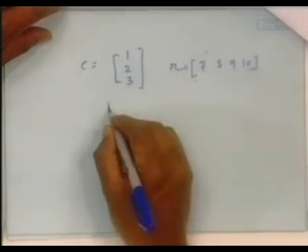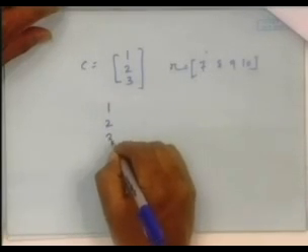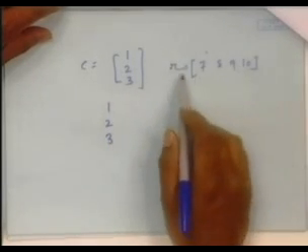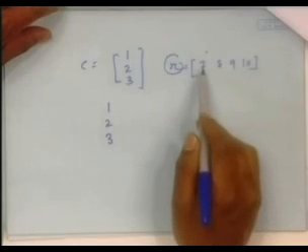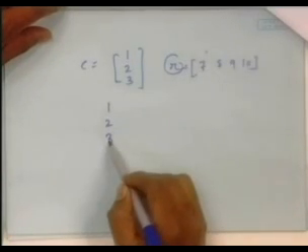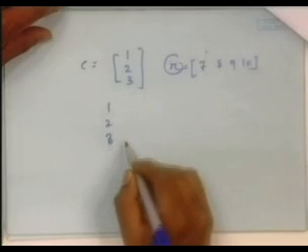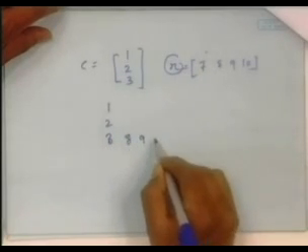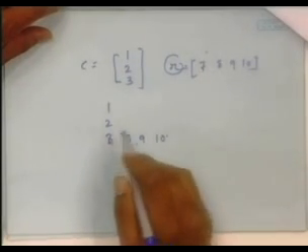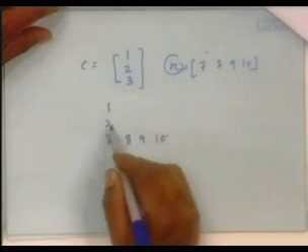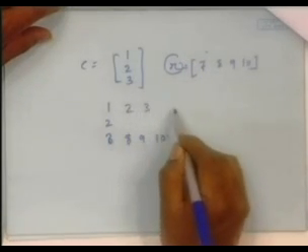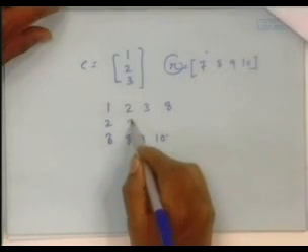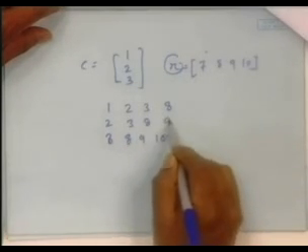The first column is 1, 2, 3, but the last row will be R. Because this 7 is different from 3, therefore 3 will be preserved. Then the rest of them will be 8, 9, 10. Then this will become symmetric. So 1, 2, 3. So, 2, 3 will come here, then comes 8 here, then 3, 8 will come here, then comes 9, and so on and so forth.